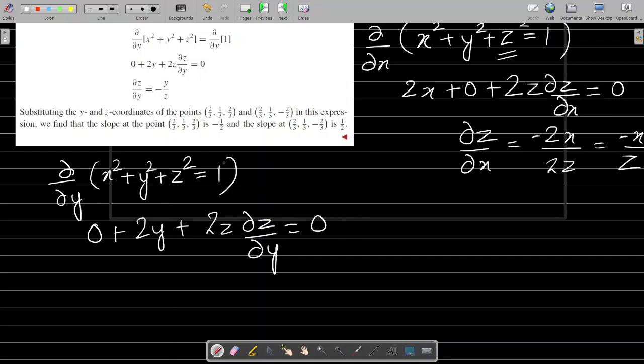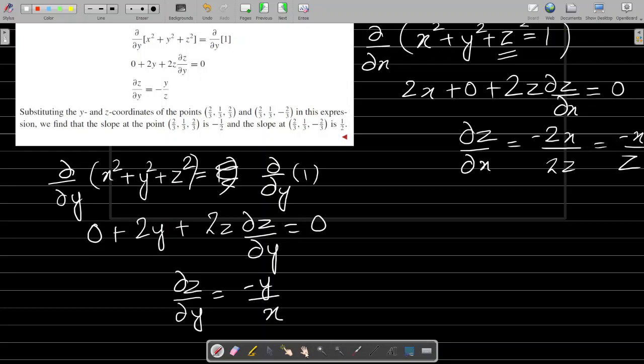Actually we should write it like this: the right hand side I should write dou by dou y of 1. Okay, I'm just emphasizing the fact that we are actually partially differentiating the whole equation. Okay, so here we have dou z by dou y is equal to minus y by z.